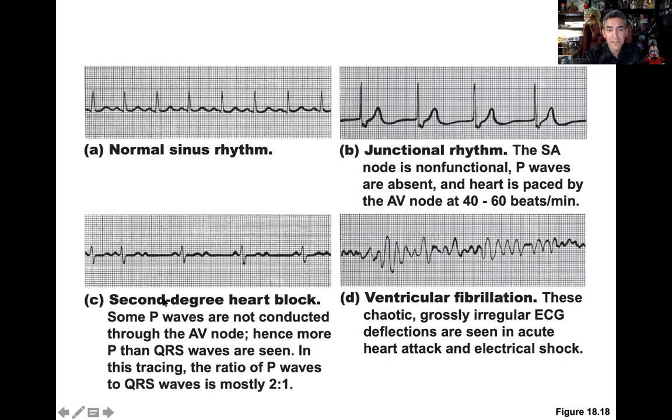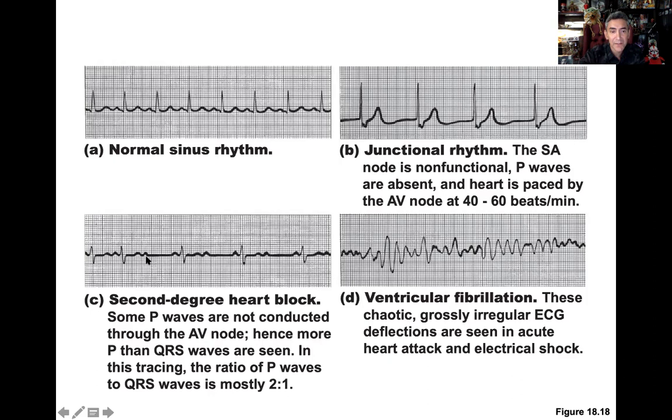Over here in second degree, we do see some P waves. So there's a P, Q, R, S, T. So hey, there are some P waves. So the SA node still is doing its job, but not every signal is getting down into the ventricles. So let's see if we can find it right here. I have a P, QRS, normal.